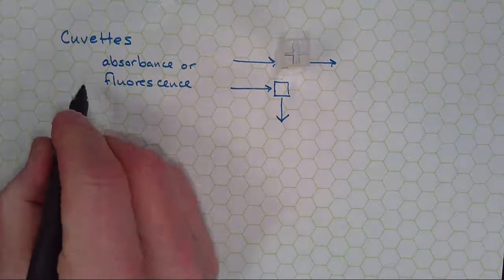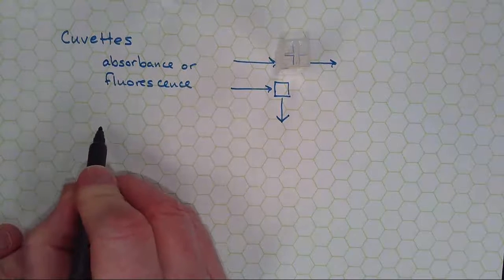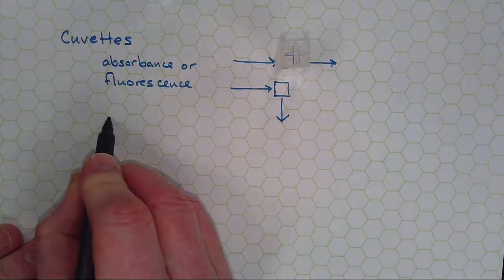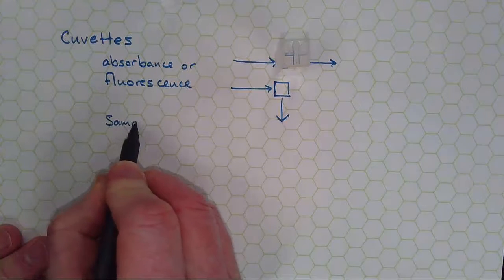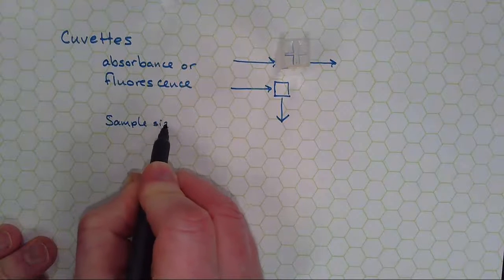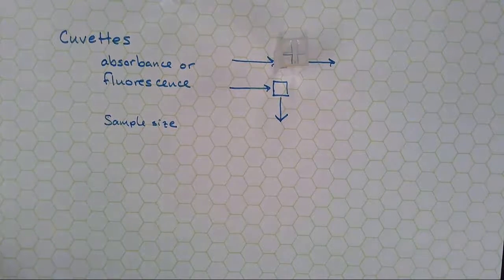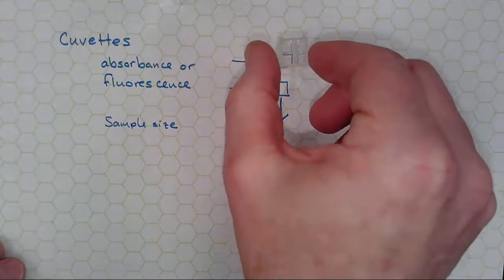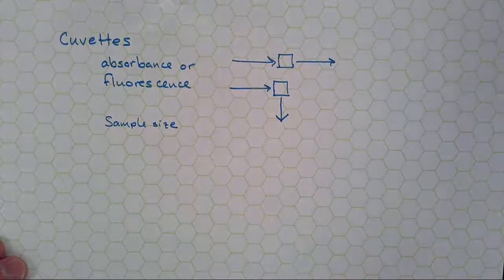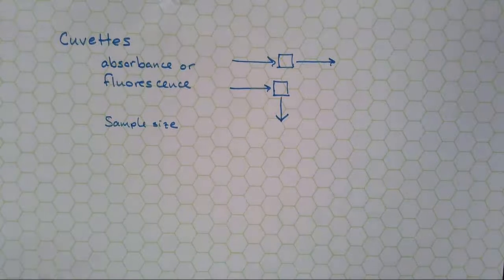Next thing to think about is, what kind of sample size do you have? The cuvettes, I'll pass this one around. Go ahead and touch that by the cloudy sides.